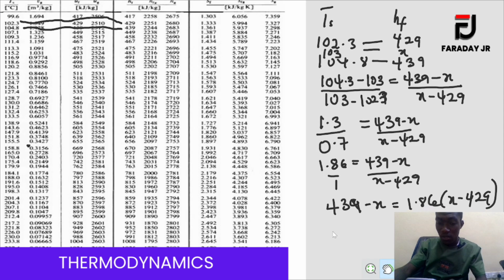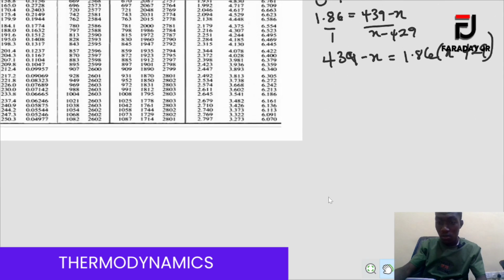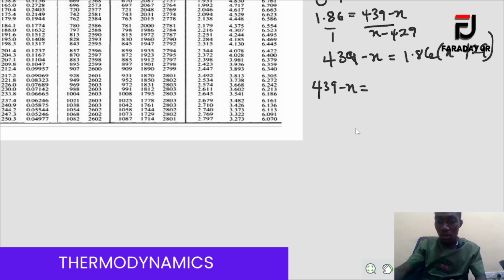Next, you can bring this to the top, so 439 minus x is equal to 1.86x minus 1.86 times 429. You multiply 1.86 by 429, you're going to get 797.94.